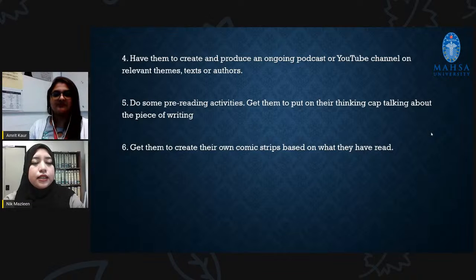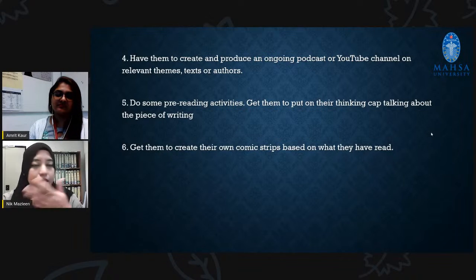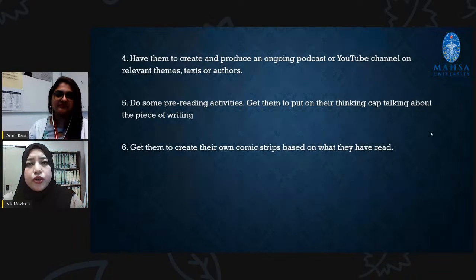Finally, there is more than just this. These are just some ideas that you can apply when you want to teach them literature. You can ask them to create their own comic strips based on what they have read, for example from a poem, a short story or a drama.